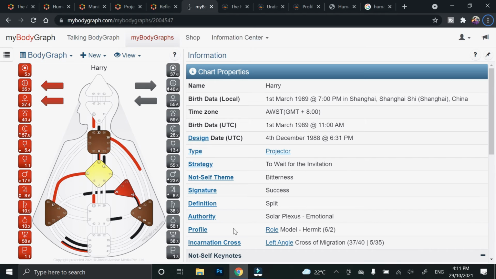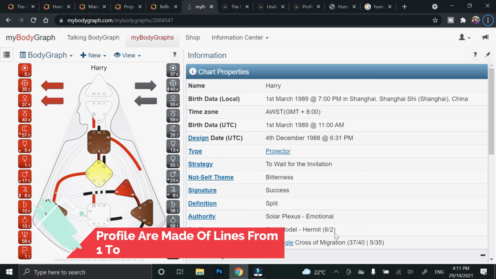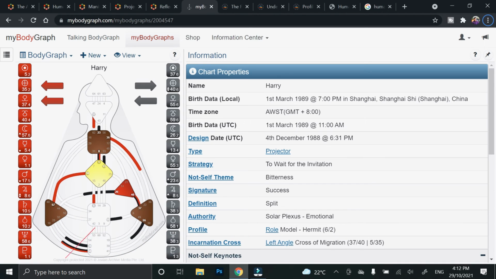Your personality profile is made up of different numbers from 1 to 6 that form what looks like a fraction. Each of these numbers is called a line, which originates from the hexagram of the Chinese I-Ching. Each of these lines represents a different archetype in human design.